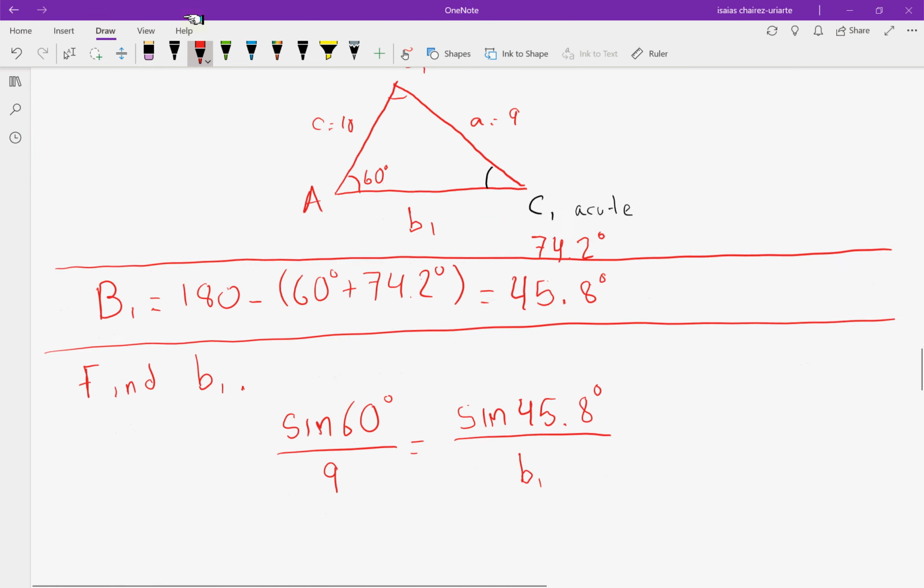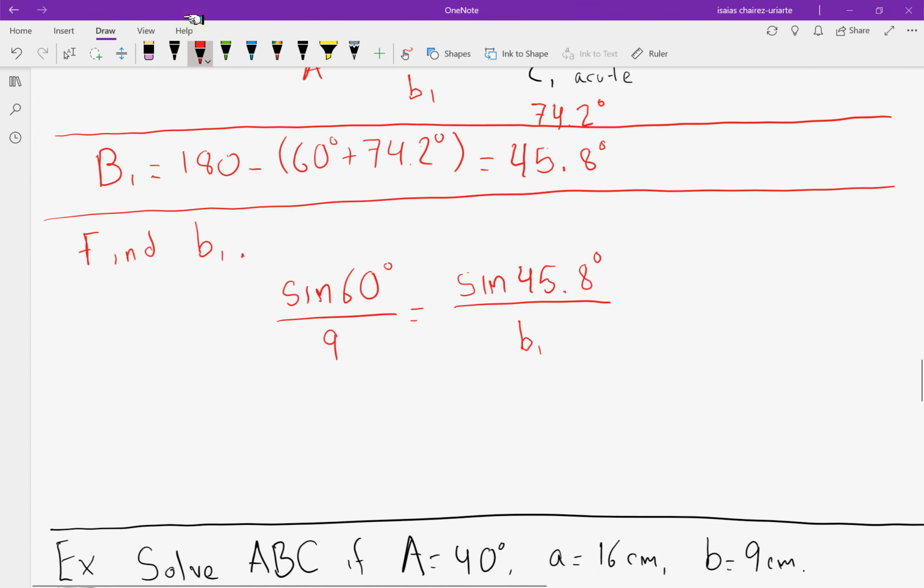And let's solve for B1. So here what I would end up concluding is that B1, if you do this correctly, is about, I'll let you verify the details, 7.5 inches.